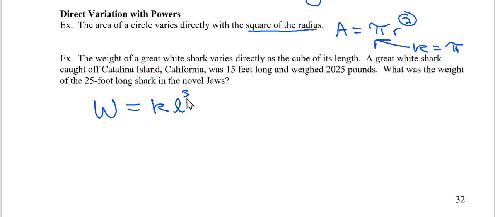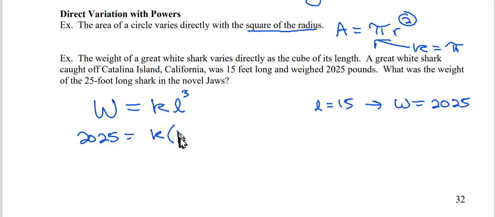A great white shark caught off Catalina Island, California, was 15 feet long. So L equals 15 corresponds to W being 2,025. Let's plug those in and see if we can figure out the K. Remember, it's a constant.